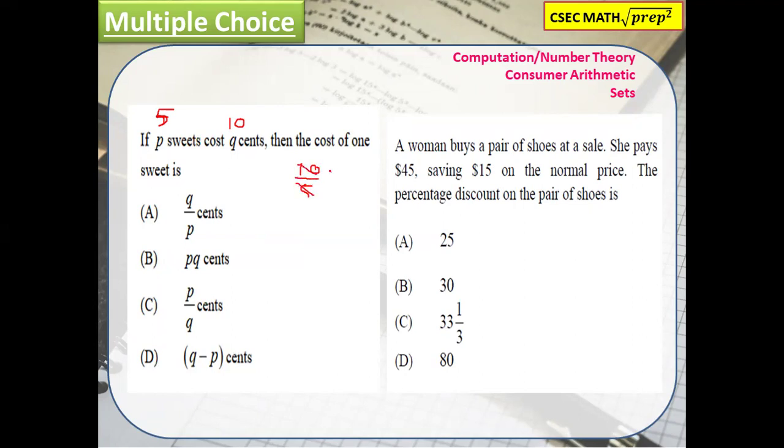Put that into that, and would have what? 2 cents. Therefore, it is Q divided by P that will tell me what the cost of one sweet is.